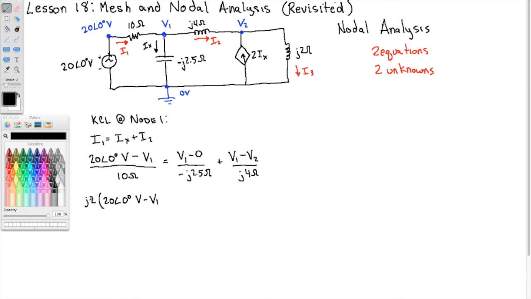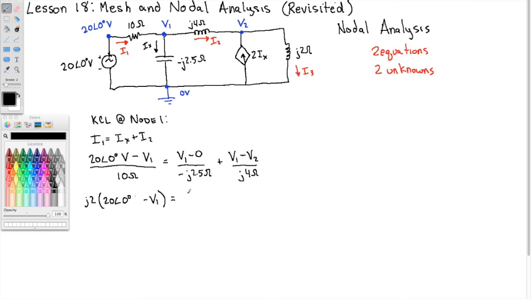Actually, just to make the math more clear, let me leave off the units. I'm multiplying everything by J20. Again, over here J20 with the 10 in the denominator makes J2. Here the Js cancel, and 20 divided by 2.5 is 8.